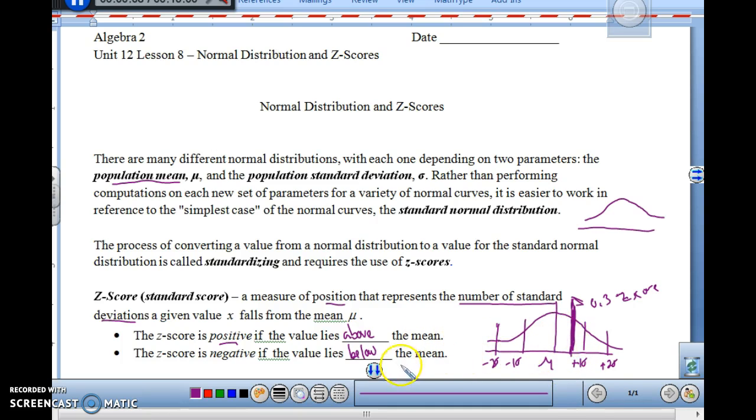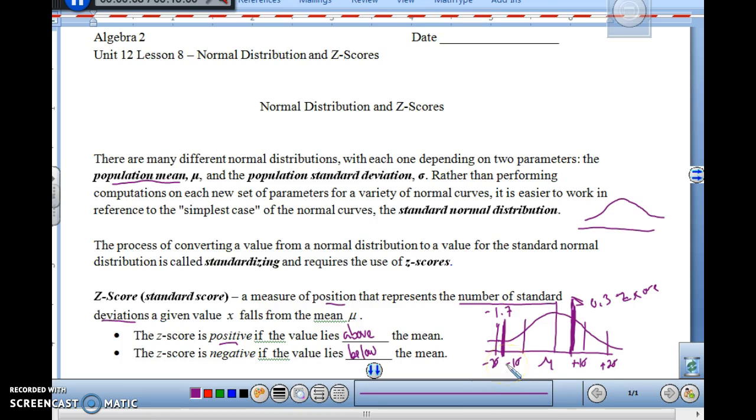Now over here on the left-hand side, the z-score would be negative. For example, if I was looking for that value right there, that could be a negative 1.7 z-score. So there we go. So we can see what the z-score is when we're doing that.